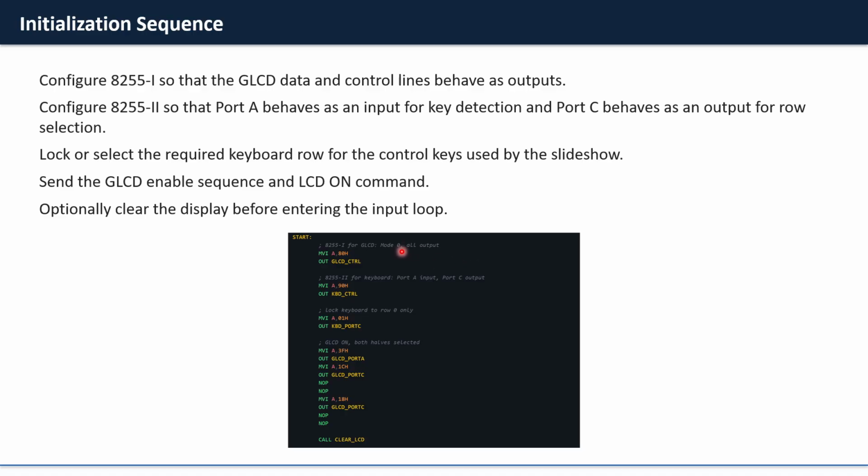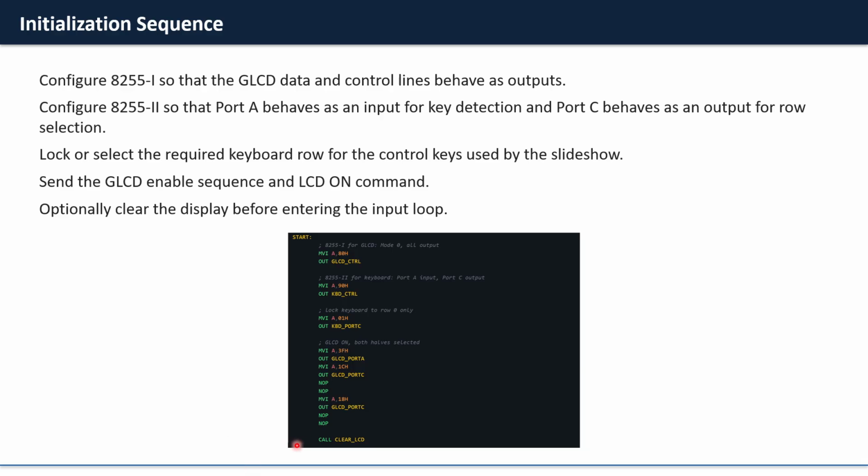The 8255 PPI sets both port A and port C to output mode, and that is sent to the GLCD control 8255 PPI. Similarly for the keyboard we have set it here. Then all these GLCD on words are control words for initializing the GLCD, and these are control words for initializing the keyboard.